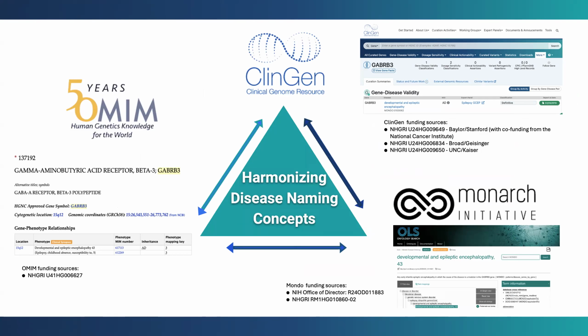We recognize that names will be different, but if we can provide a stable ID, which Mondo does, for us to say we're talking about the same concept, then that allows us to have more interoperability, right? Integration between these different resources and how people can come to them and know we're talking about the same disease.